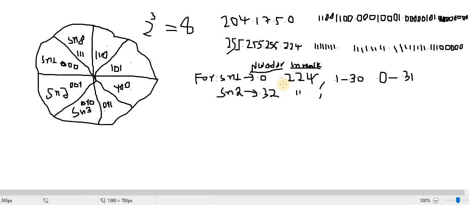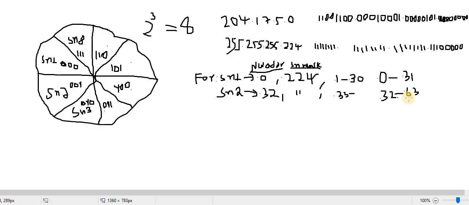And this is the same for all of the subnets. Now the range of host addresses will be from 33 to all host IDs set to 1, which is 5 ones, and we have 001 already, which is nothing but 63.